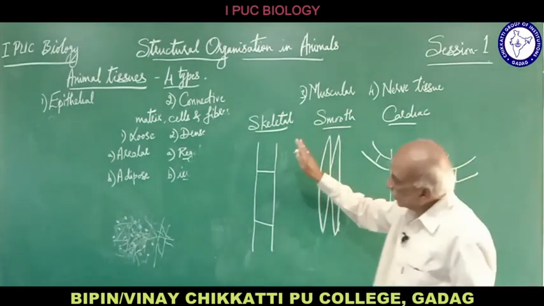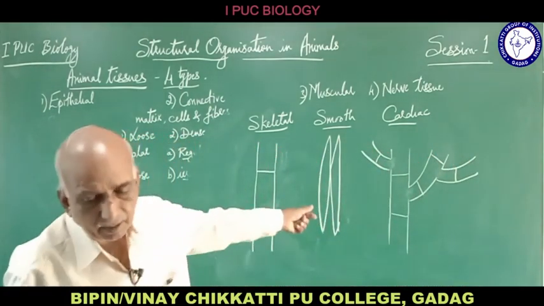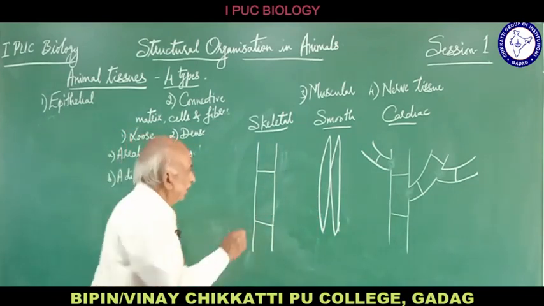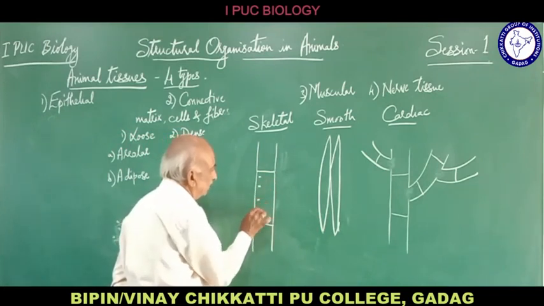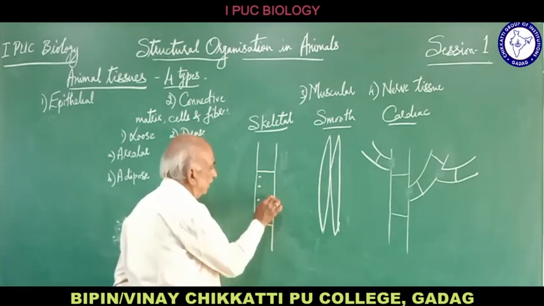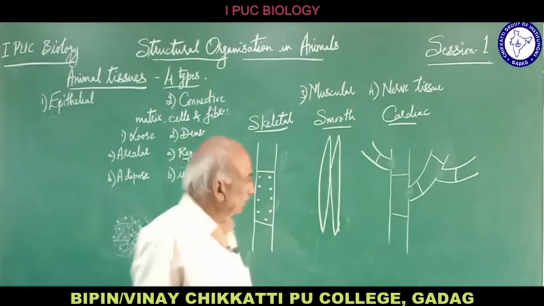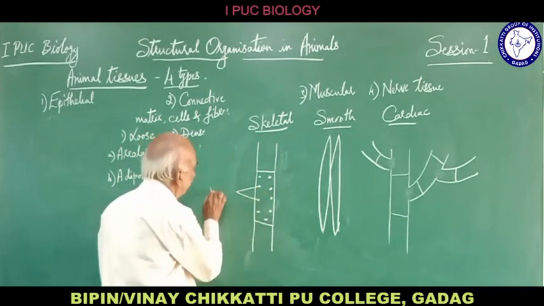So one by one, skeletal muscles are cylindrical in shape, and they are multinucleated. See the important character. But the nuclei are towards the periphery of the cell. So these are the nuclei, multinucleated cells.